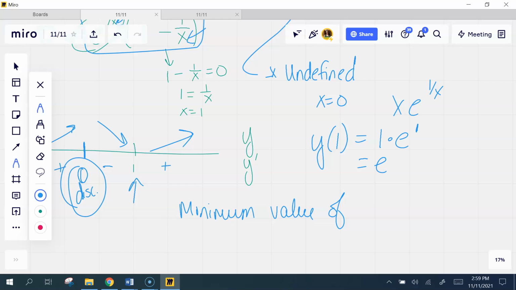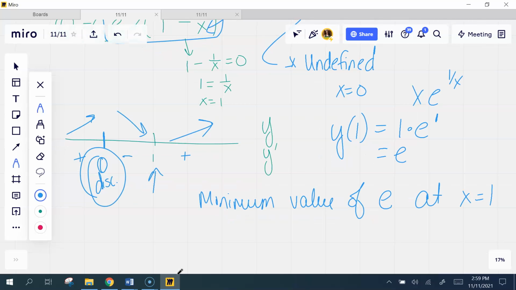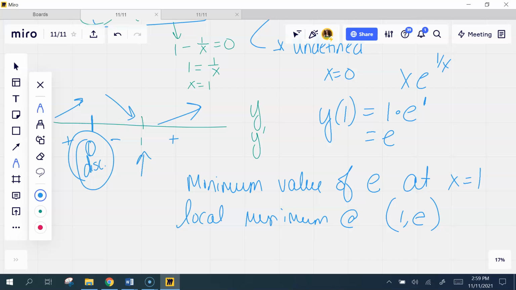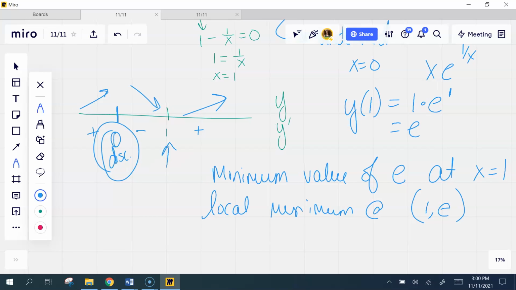So I have a minimum value of e at x equals 1, or I have a local minimum, either one of these would suffice, at 1, e. Okay. Let's see, and of course we would say this because the sign of the derivative is changing at that point.